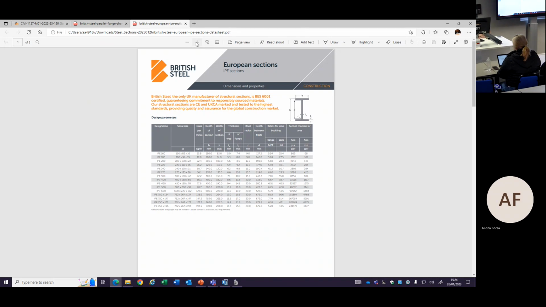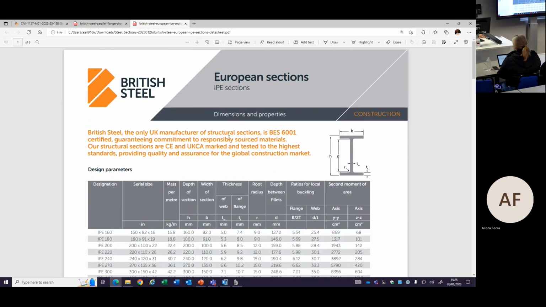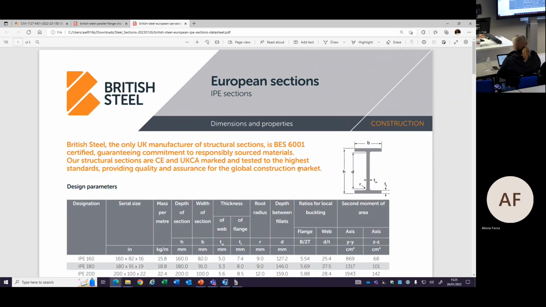These are standard steel sections used all over the world. Made of steel, the shape is kind of standard. If I zoom in a little bit, you will see these parameters in your section. B is the width, H is the height. And these two are called flanges, one top flange and one bottom flange. And this is called the web. In the I sections, we usually always have two flanges and one web.